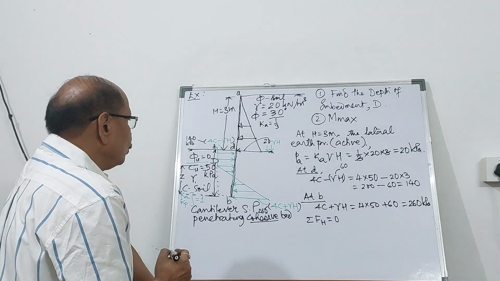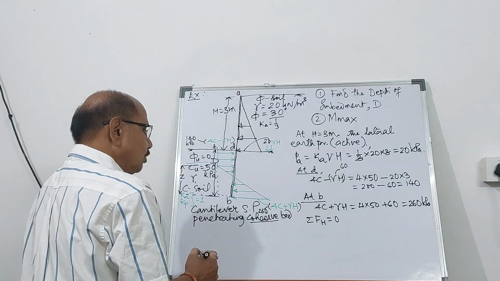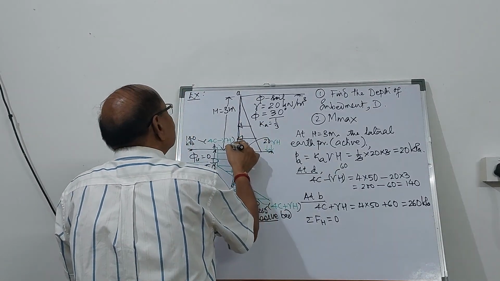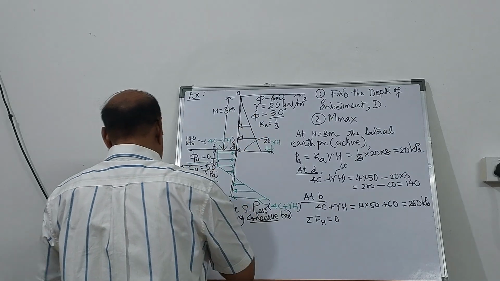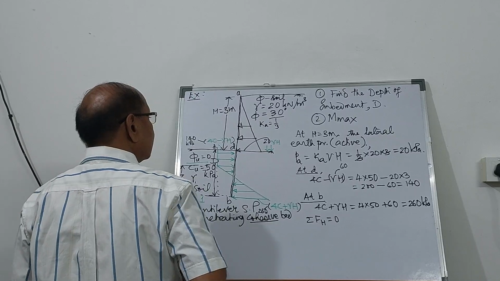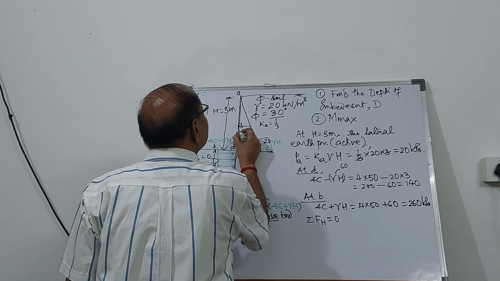So this gives you the value. You can find out the area of this pressure distribution diagram, and that gives you the total active earth pressure.